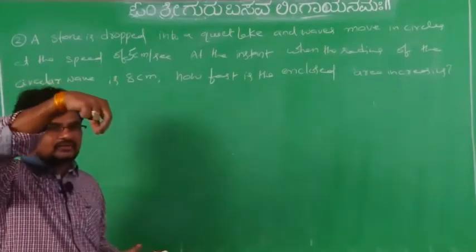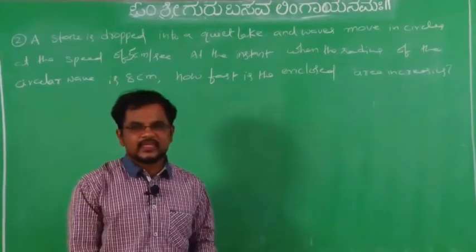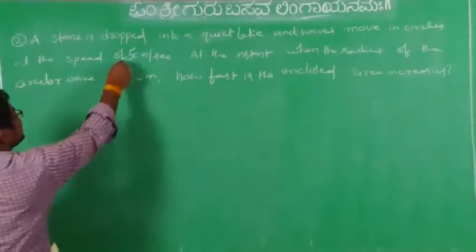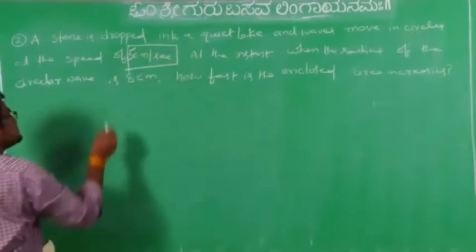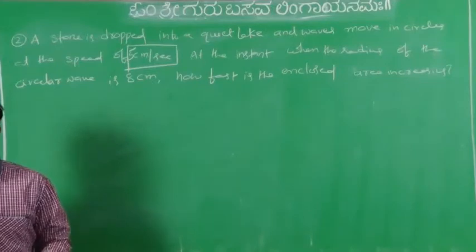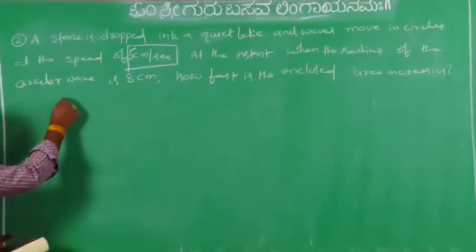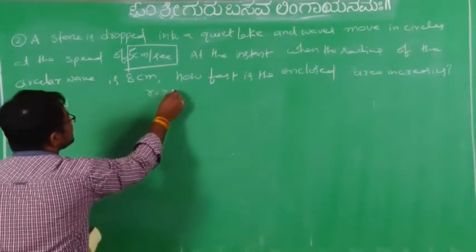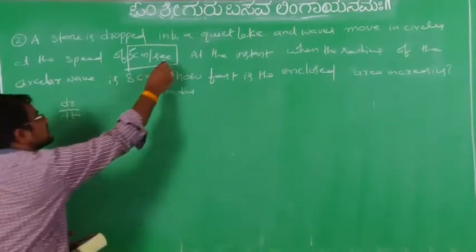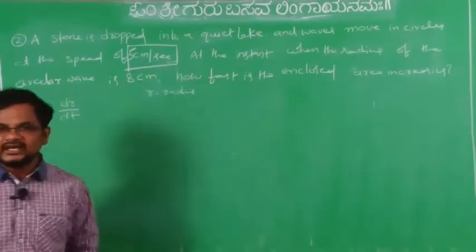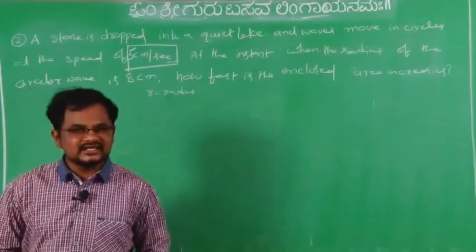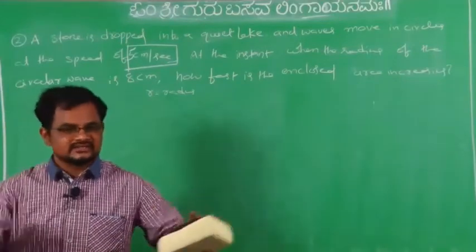A stone is dropped into quiet lake, means waves are moving, means which one is increasing by this one you can identify. Units, observe the units, what they given, centimeter per second. Suppose r is the radius of the circle, dr by dt with respect to time, because as radius increasing, area also will increase.